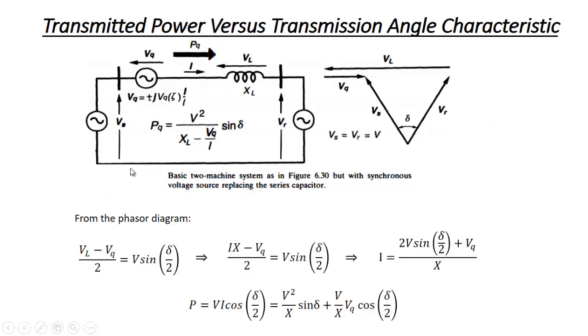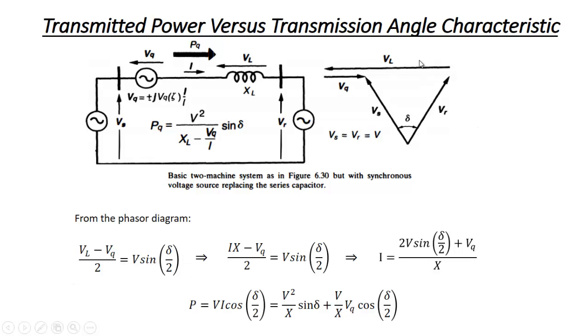So in that case, looking at this phasor diagram, you will see that VL minus VQ divided by 2, it's half, will be the sine component of this voltage VR, where Vs is equal to VR is equal to V. That means V sine of delta by 2 is equal to (VL minus VQ) divided by 2. That is what this equation means.